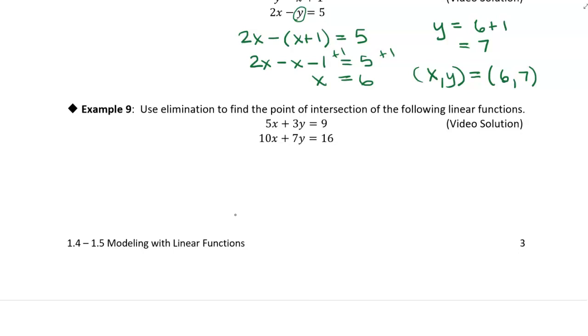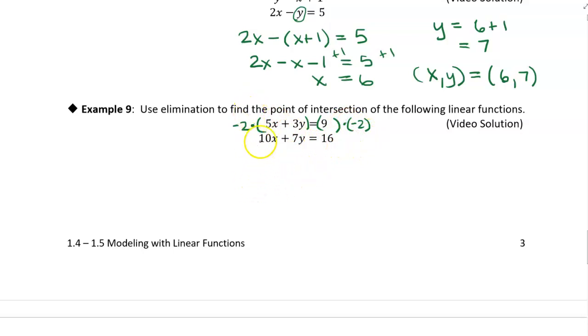But what I can do is multiply this first equation by -2. Actually, I'm going to write it this way. I want to multiply both sides by -2. Multiplying both sides by -2. I'm using a dot for multiplication.